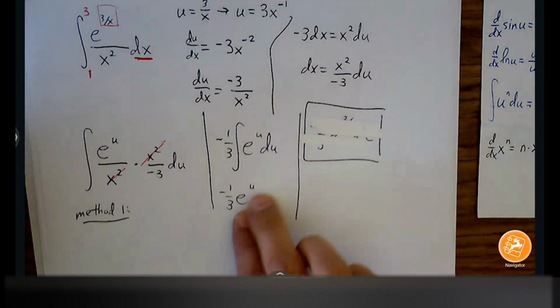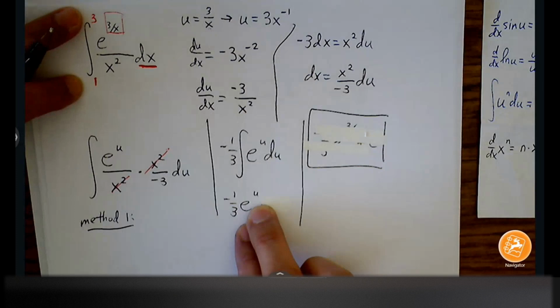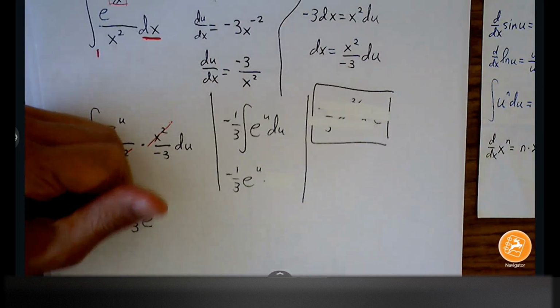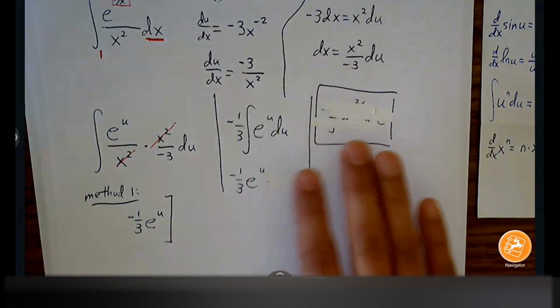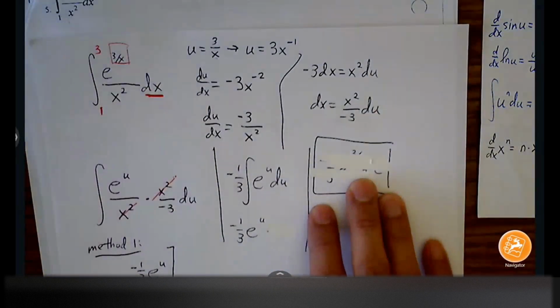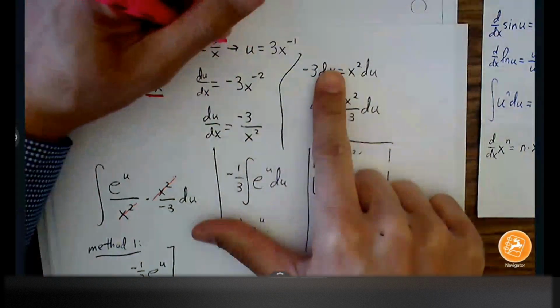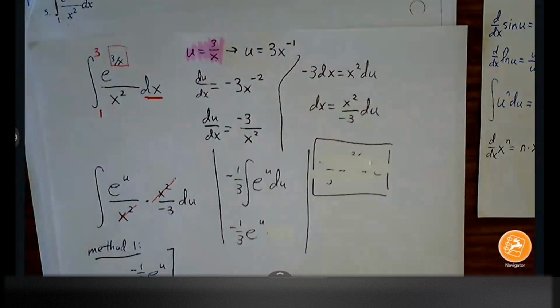First method is leaving our antiderivative in terms of u, which means that these bounds need to be adjusted because right now our bounds are not in terms of u, they're in terms of x. So I know I got to place some values there, but I'm going to have to do some conversion. And my conversion is stored in this expression we started with at the beginning. That's how we convert from one variable to the other.